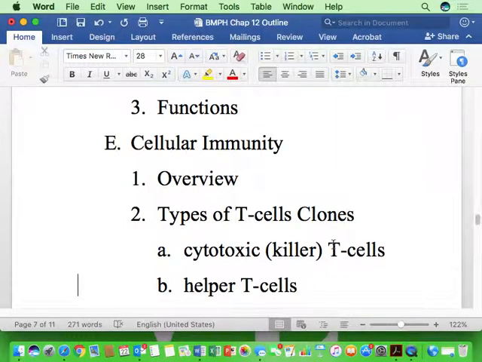Helper T cells. The helper T cells are kind of the managers of the immune system. Once they are activated, they wander around the body, recruiting other cells to help fight the foreign invader.